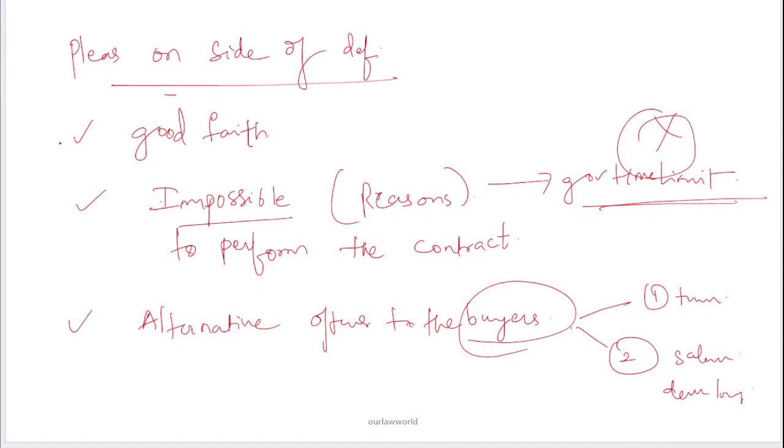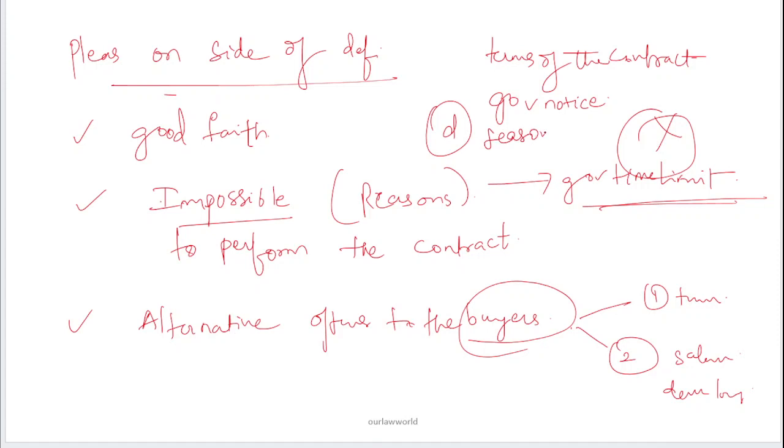So in this scenario, what the court will do is look into all the terms of the contract which has been signed, and also the government notice which has been shared for the requisition of the said property or the land, and whether the defendant company is showing some reasonable cause.